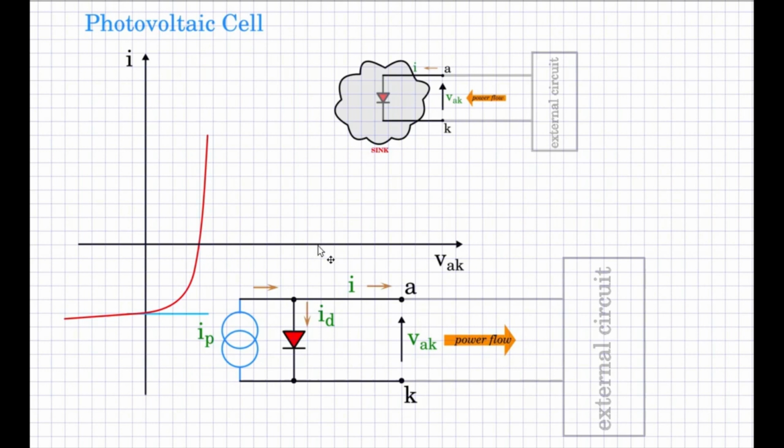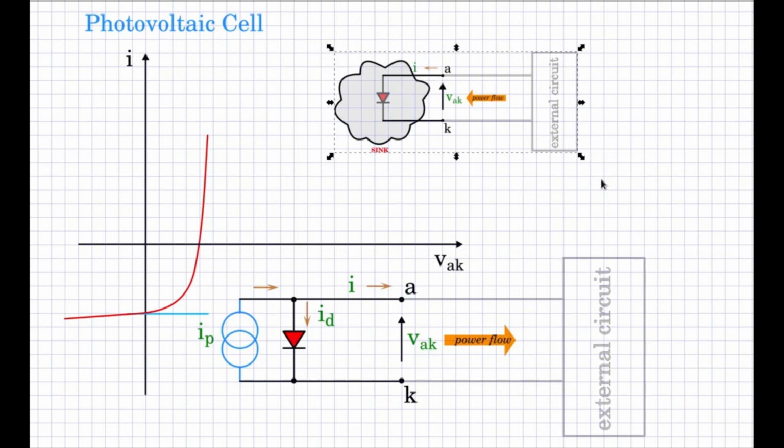Therefore, we now redefine the current, the voltage remaining the same, but the direction of the current we will take as positive when the current goes out of the terminal as shown here, and not like what it was defined before for the case of the simple diode.